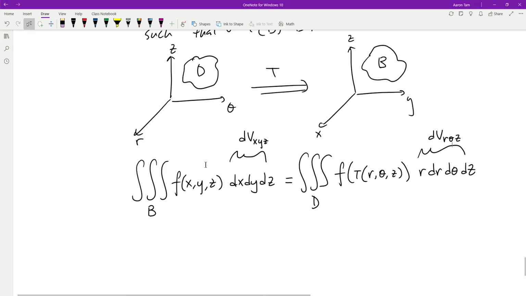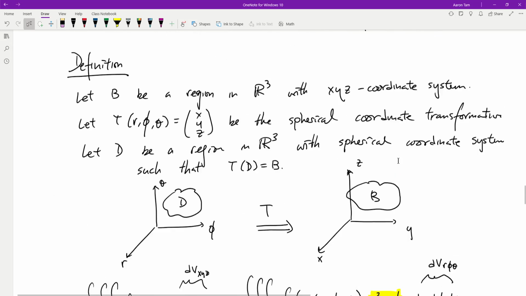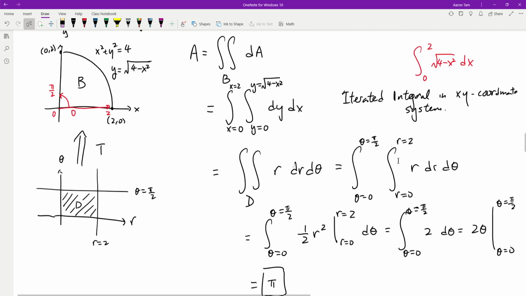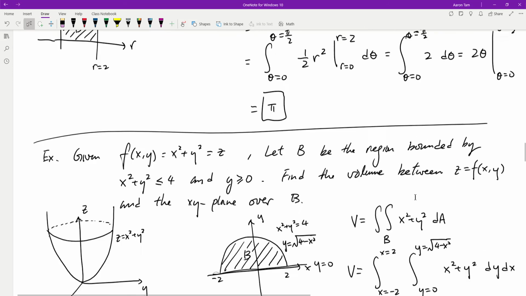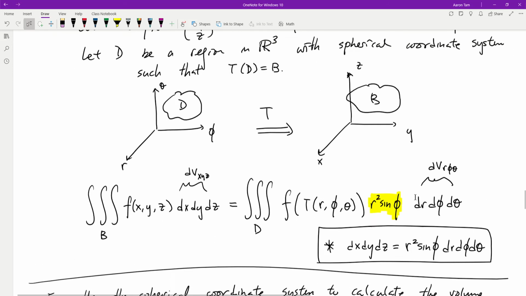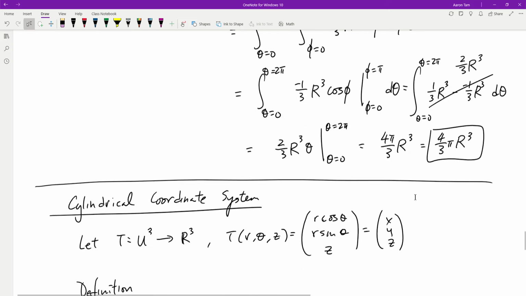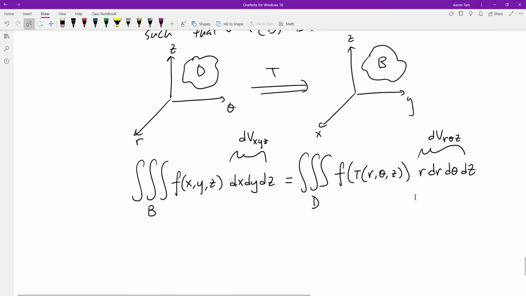If you look at our rule for polar, dx dy is just equal to r dr d theta. So dx dy dz should equal r dr d theta dz. And that's exactly how that works.